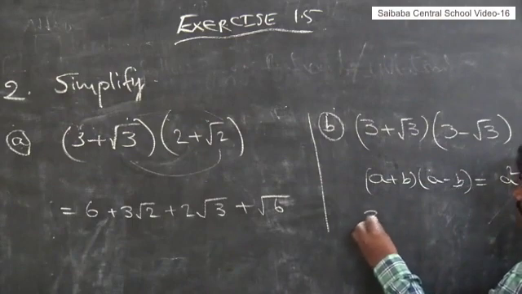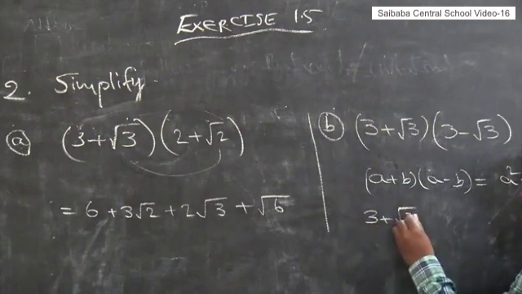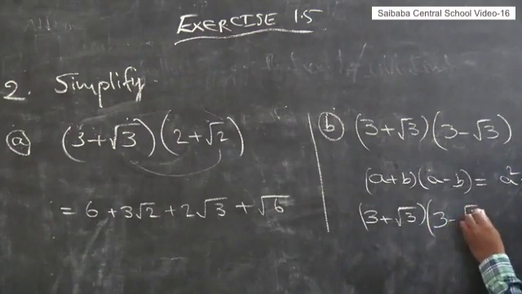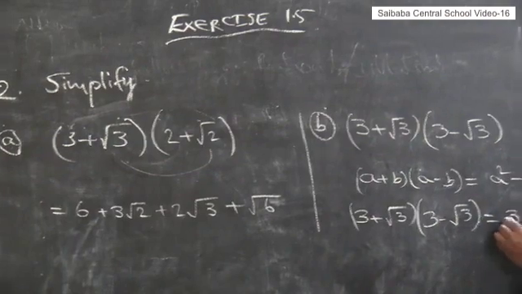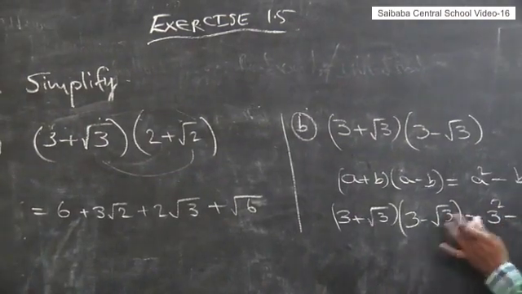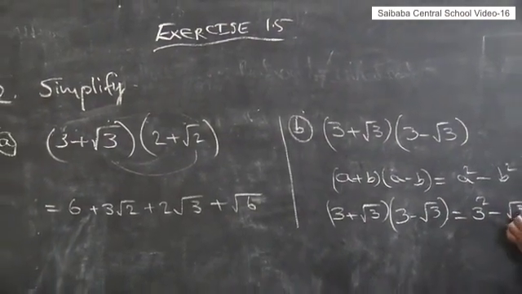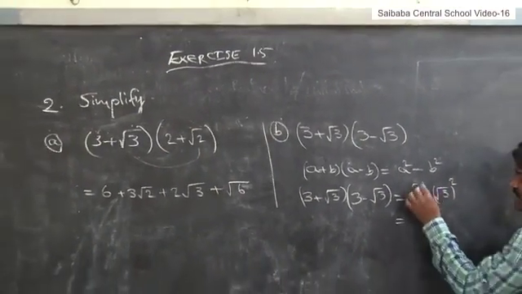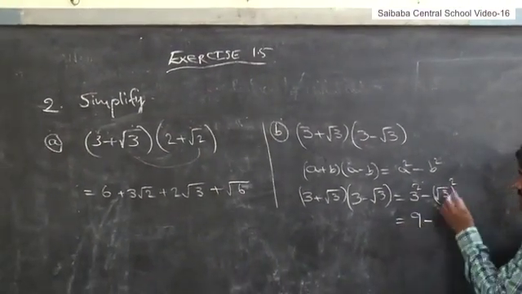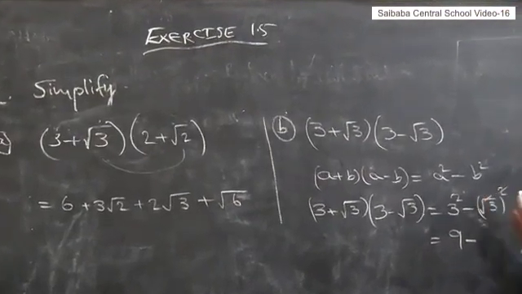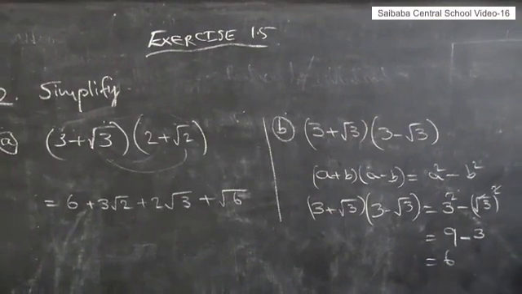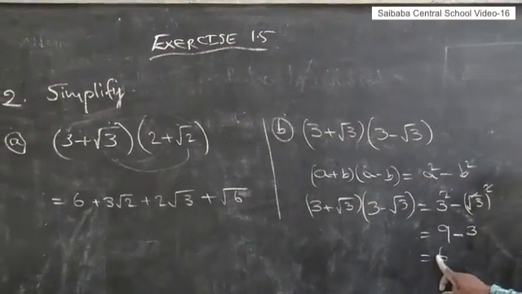I am writing once: 3 plus root 3 into 3 minus root 3 is equal to A square, 3 square, minus B square, B is root 3, root 3 square. Now 3 square value is 9 minus, the square and root cancel, 3 left. 9 minus 3 is 6.